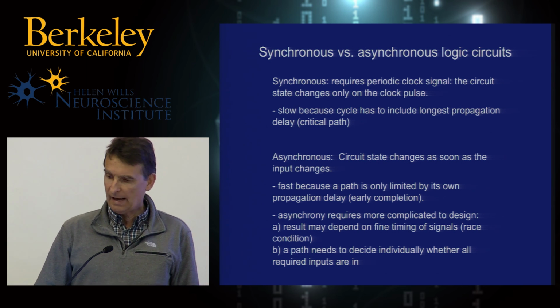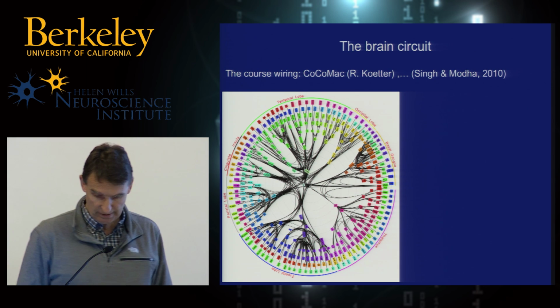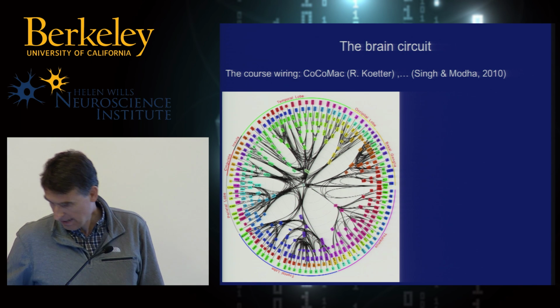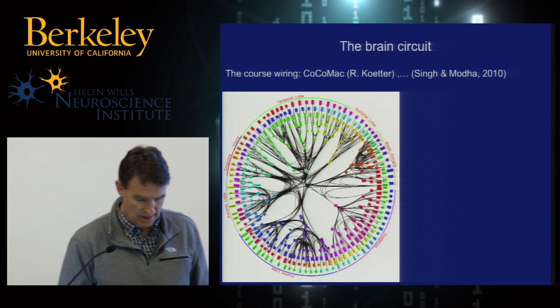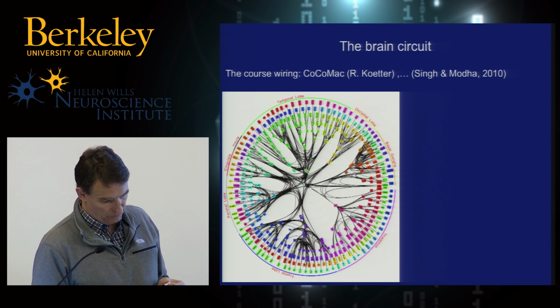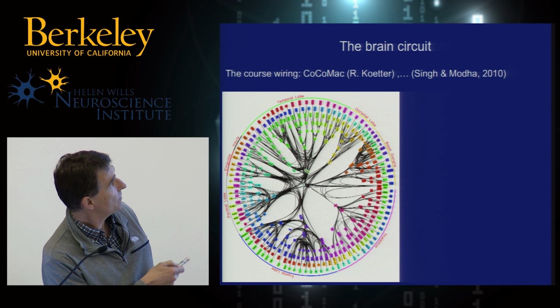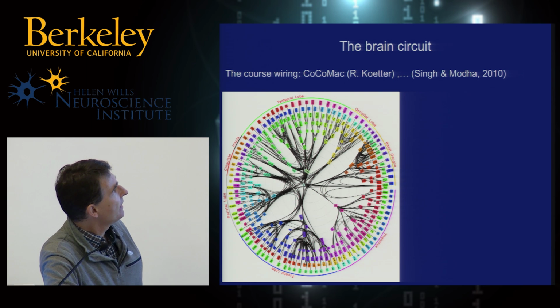And now let's look at the brain network, and we have already seen this network before. What you see here is the result of an analysis of cortical connections, using the CoCoMac database that was started by Rolf Kötter, a former colleague of mine.